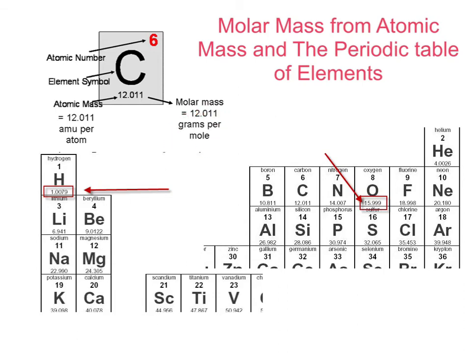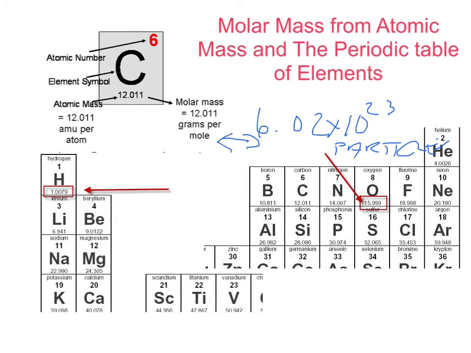And we now know that 1 mole, or 12 grams of this, is going to be equal to 6.02 times 10 to the 23rd particles of carbon. So 12.01 grams is going to give me 6.02 times 10 to the 23rd particles of carbon.